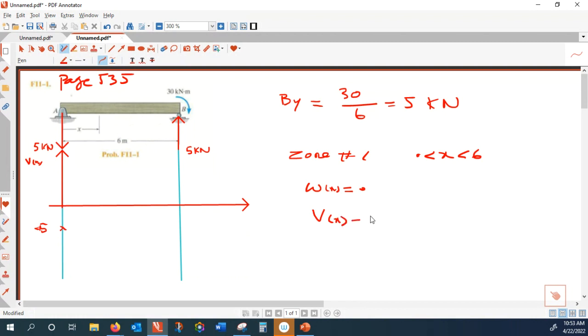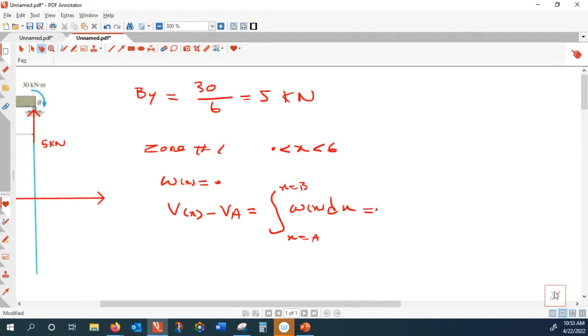That is V of x minus V of A is equal to the integral of W of x dx between x equal to A and x equal to B. And because this is 0, I can conclude that V of x is equal to V of A, and that is constant. So therefore, my conclusion is V of x is equal to V of A and is equal to -5 kilonewton.